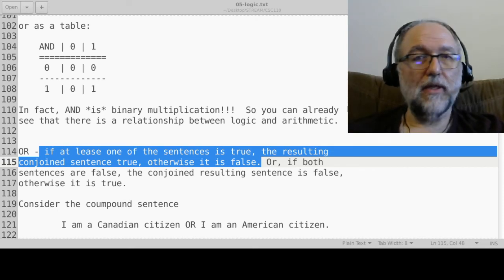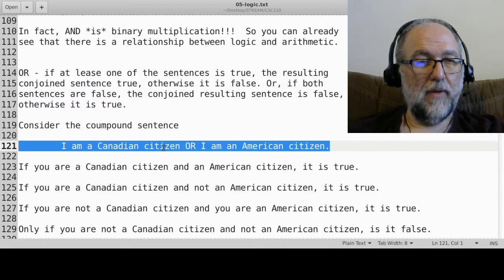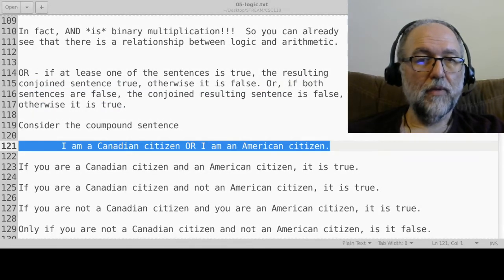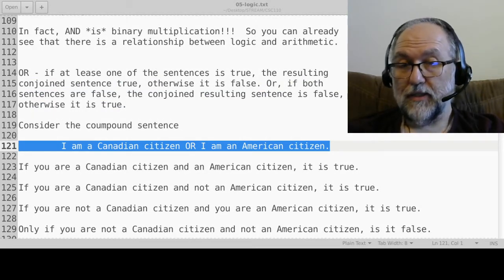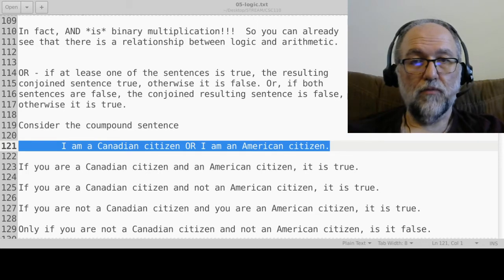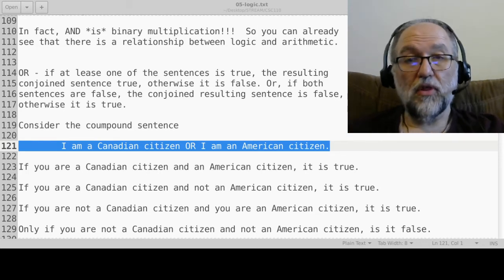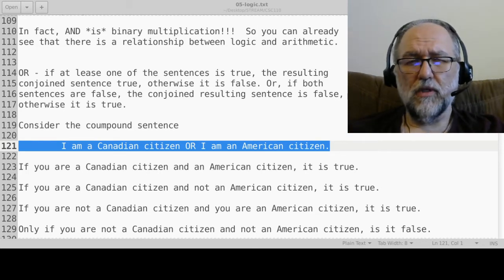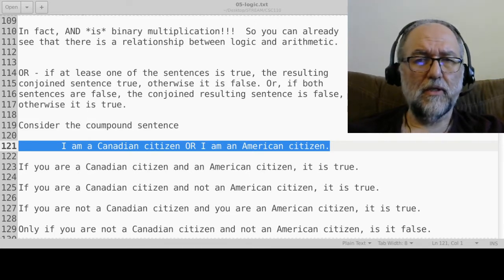Now let's go through our example. Here's my example. I am a Canadian citizen, or I am an American citizen. If I'm both, and someone said to me, you are a Canadian citizen or you are an American citizen, I'd say yes, because I'm both actually.